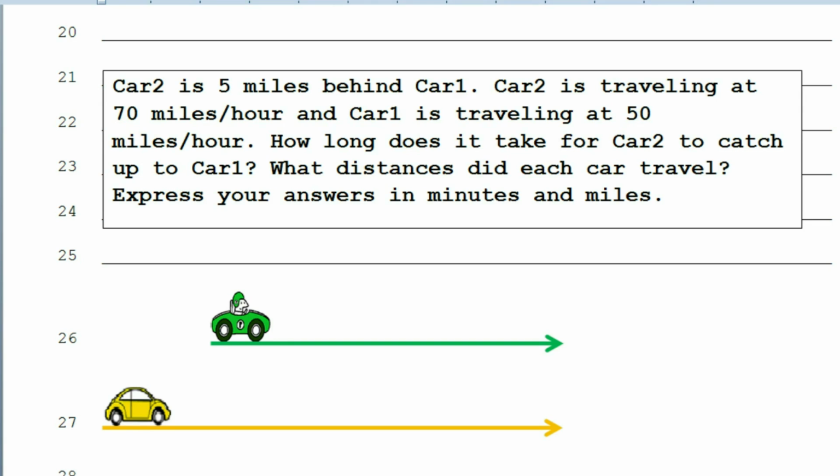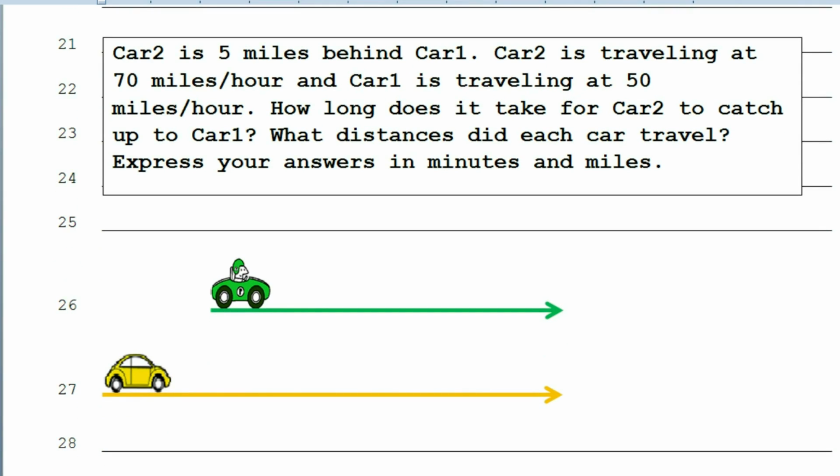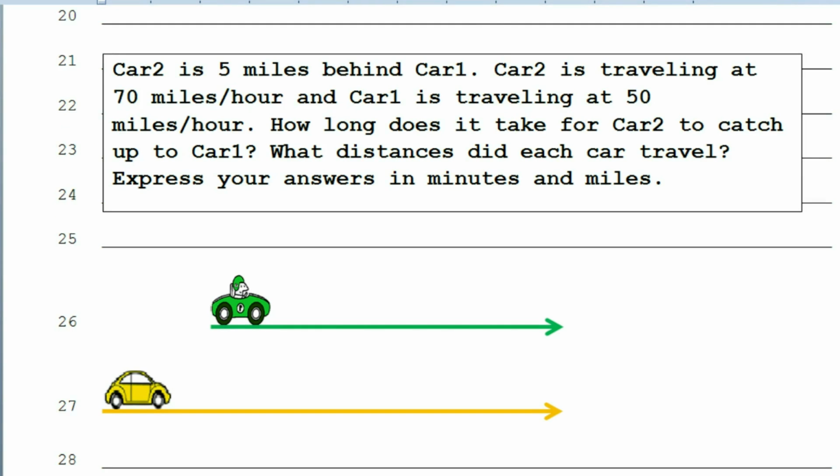In this problem, car 2 is 5 miles behind car 1. Car 2 is traveling at 70 miles an hour and car 1 is traveling at 50 miles an hour. How long does it take for car 2 to catch up to car 1? And what distances did each car travel? Express your answers in minutes and miles. So what do we know?